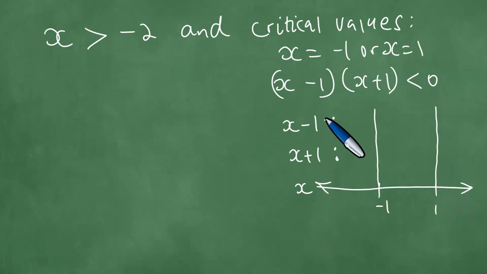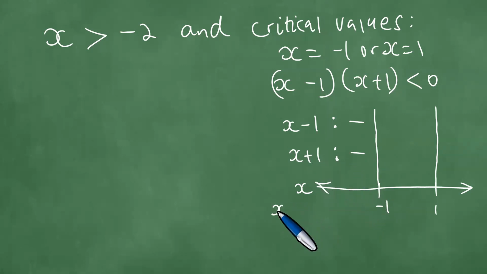Now you can extend like this. Any number smaller than minus 1, maybe you can pick minus 2. Minus 2 minus 1 is minus 3, and minus 2 plus 1 is negative.